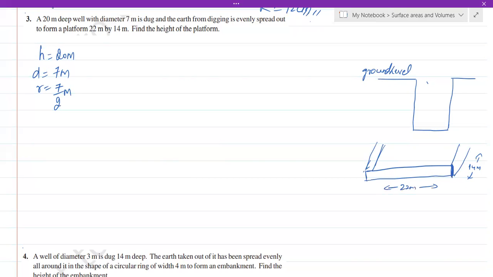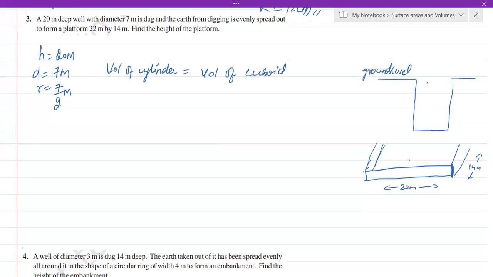Now, whatever the mud that we got by digging is used in making the platform. So in other words, the cylindrical shape is converted into cuboidal shape, isn't it? Therefore, we can say that volume of cylinder is equal to volume of cuboid.